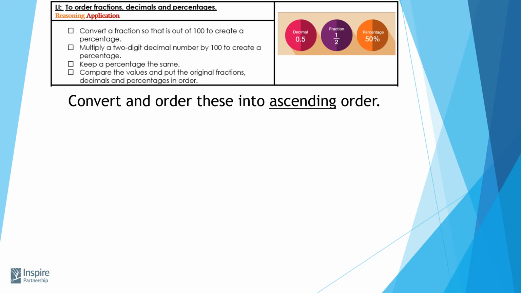So what we'd like you to do now is to convert some mixed numbers so that they're all showing as percentages, and then put them into ascending order. Well, the first thing you need to think about is, what does ascending mean? We have two terms that we normally use in maths to mean going up and going down. Ascending means to go up, and descending means to go down.